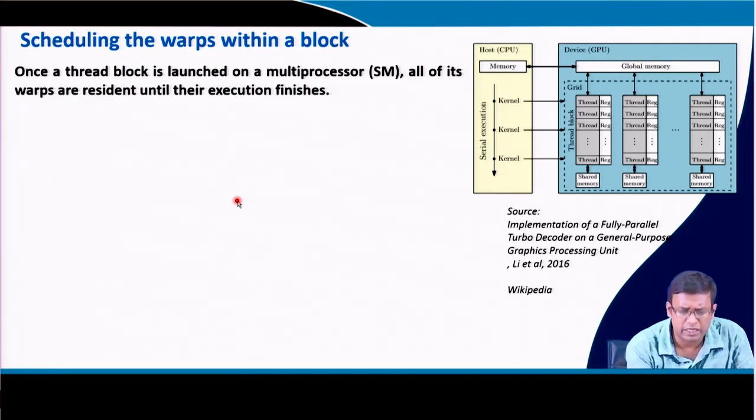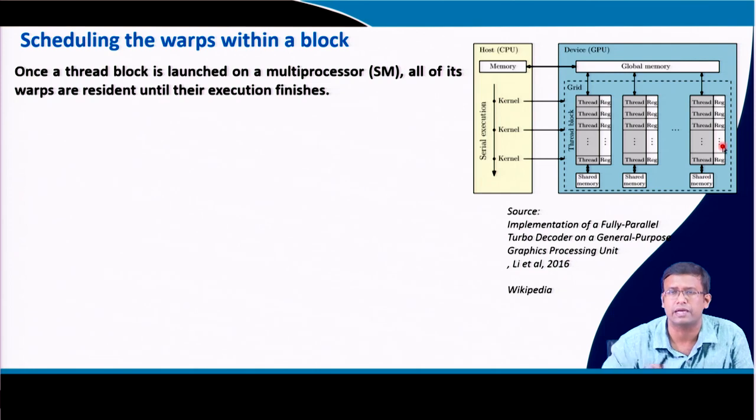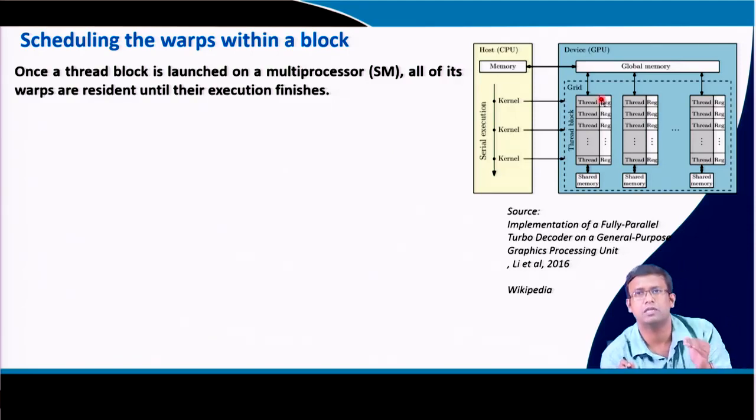Now, how these warps are scheduled within a block is extremely important. Once the thread block is launched in the multiprocessor, all of its warps are resident until their execution is finished. So, once a thread block is associated to the multiprocessor, all of the warps are residing in the multiprocessor. The threads are allotted to the multiprocessor and they stay there.